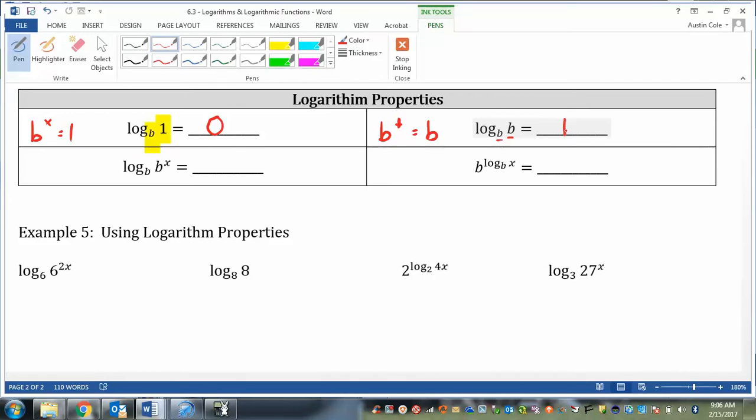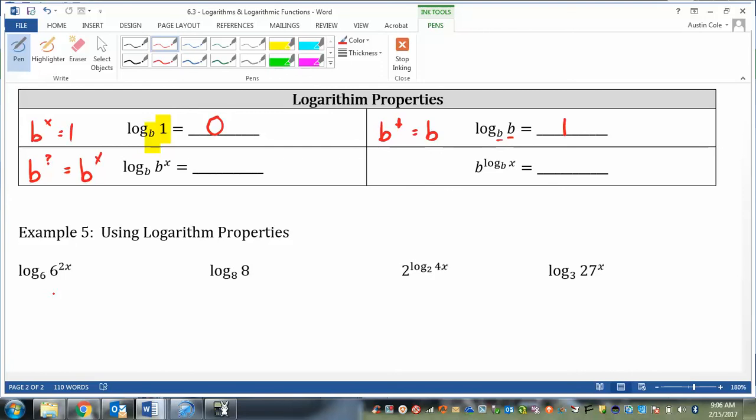Okay, bottom left one here. b to what power equals b to the x? Guys, doesn't this question mark have to be x for it to be equal? b to the x equals b to the x, right? b to what power equals b to the x?